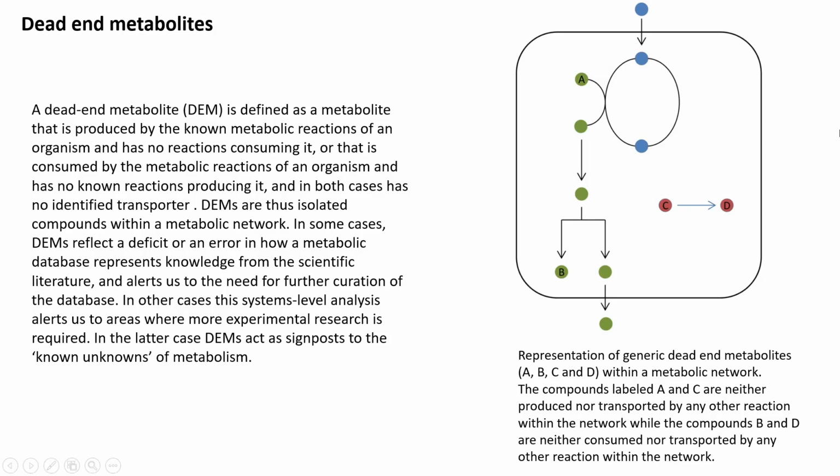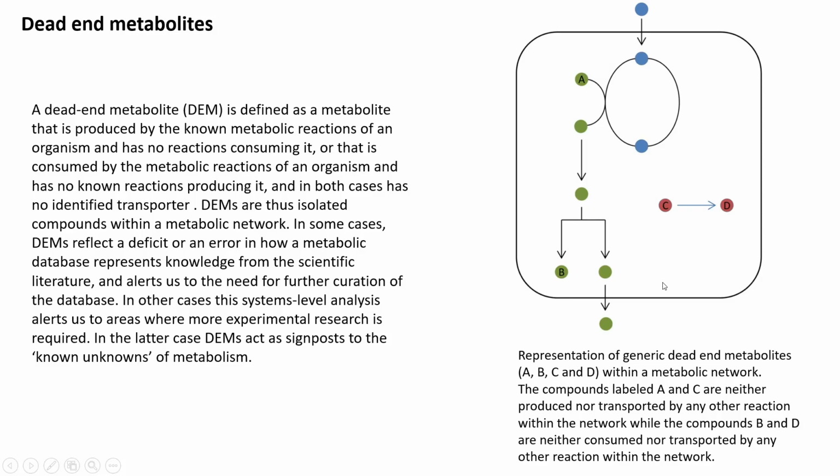So your A is not produced here. If you imagine A to be ATP, in your reaction ATP is getting used, but ATP is not formed in this reaction. So this A is a compound that is getting used in the reaction, but which is not formed, and A is not transported by any other reaction within the network as well.